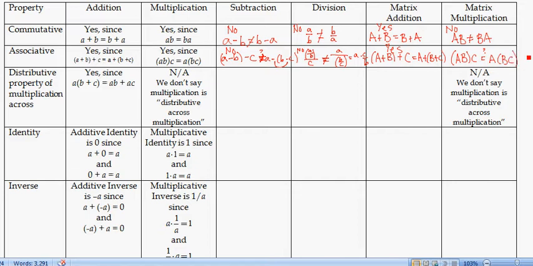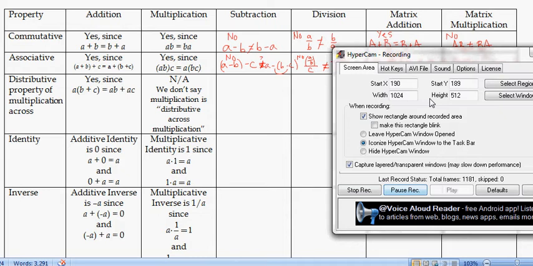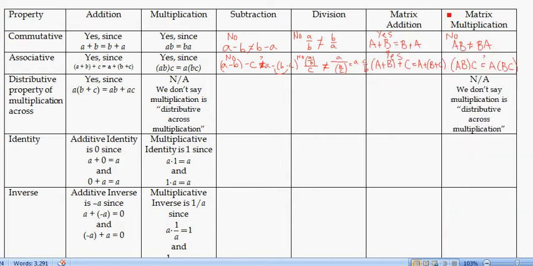I don't think you've had the opportunity to see this yet. Okay, sorry, yes, I did just double check. I forgot that you did just see this property on the previous page. So you do know that matrix multiplication is associative. So this one is a yes.